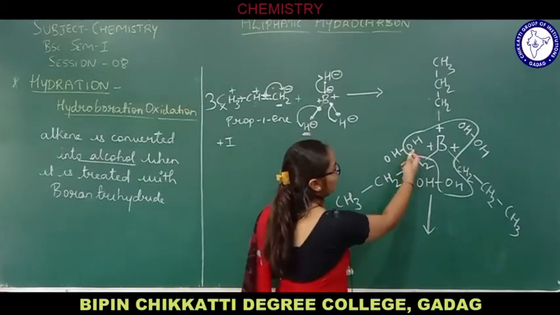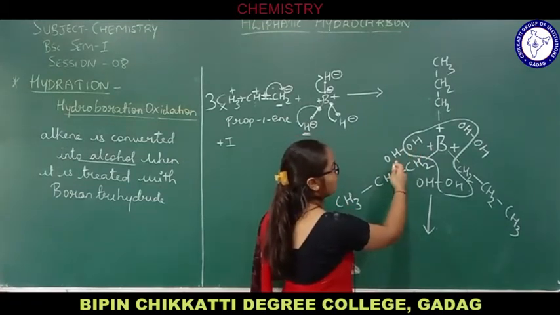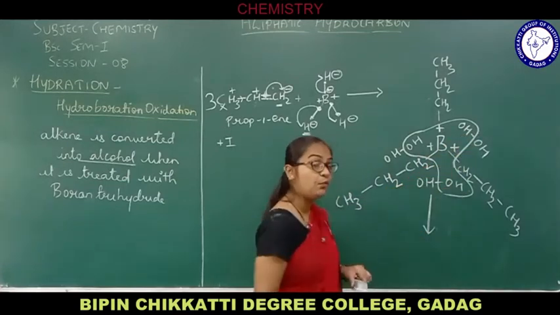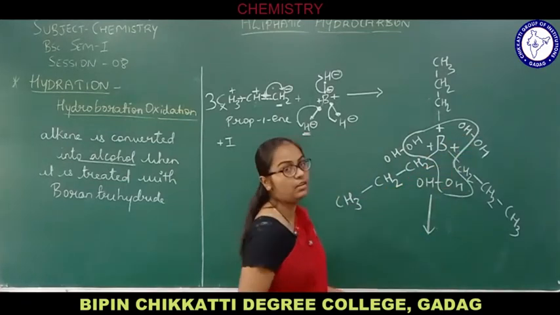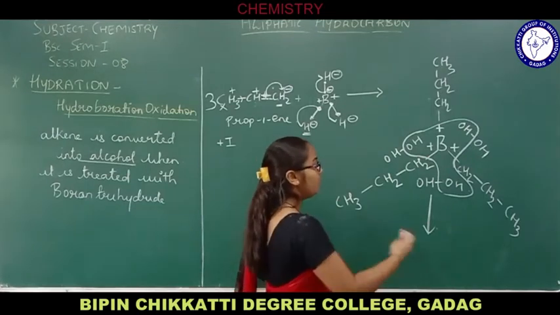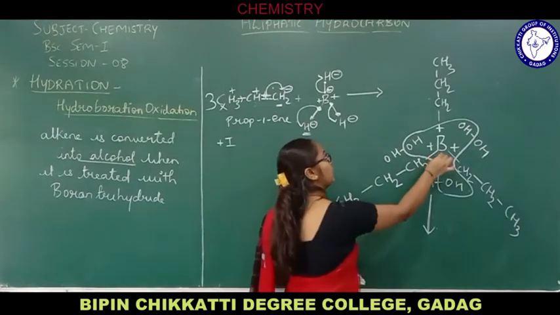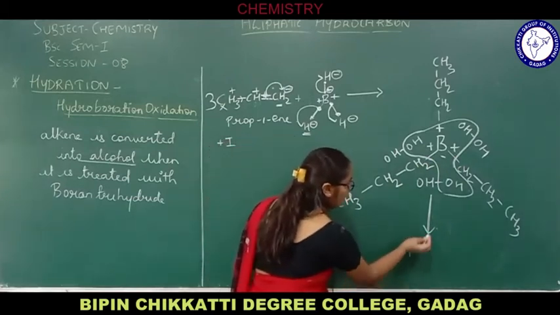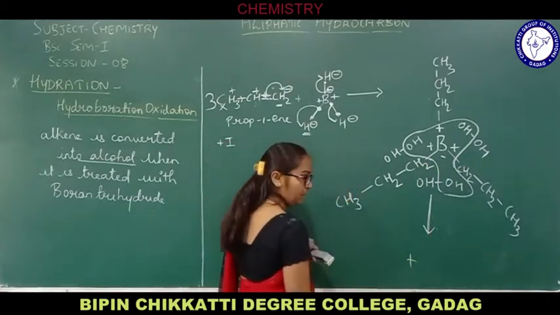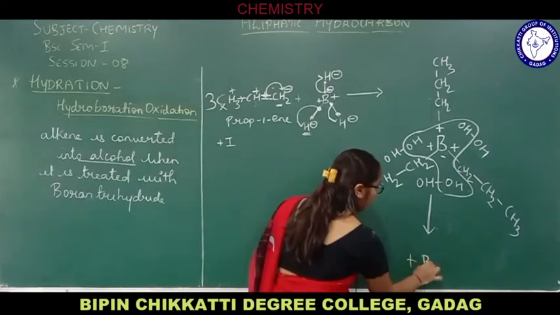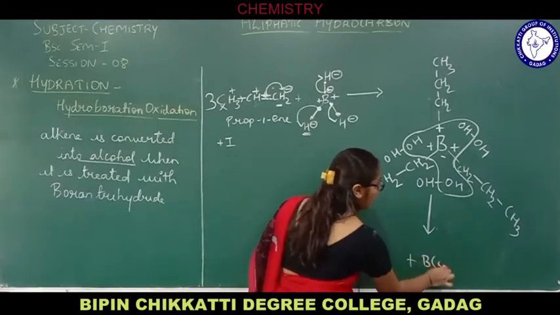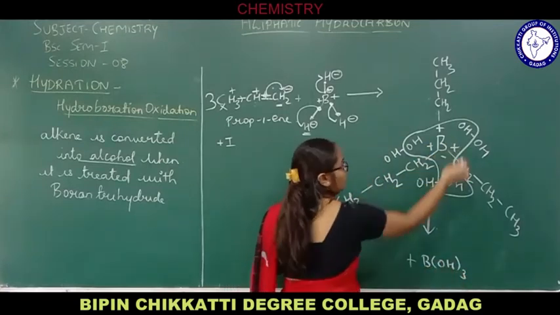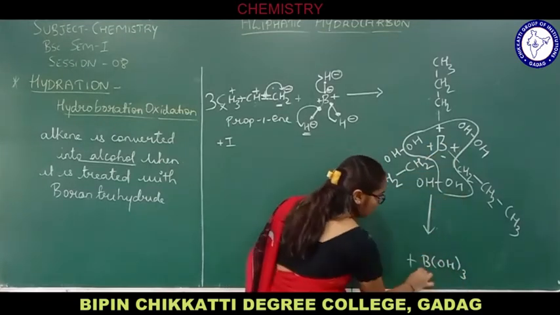So you can see OH from the first hydrogen peroxide, OH from the second, and the OH group from the third peroxide molecule will get detached and combine with this boron, okay. Once it is combined with the boron, first we will write down the byproduct. The product will be 1 boron and 3 OH. The name for this byproduct is boric acid, okay.